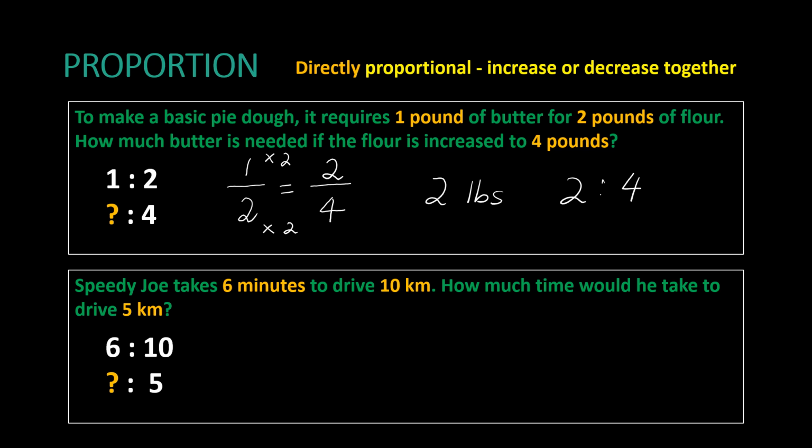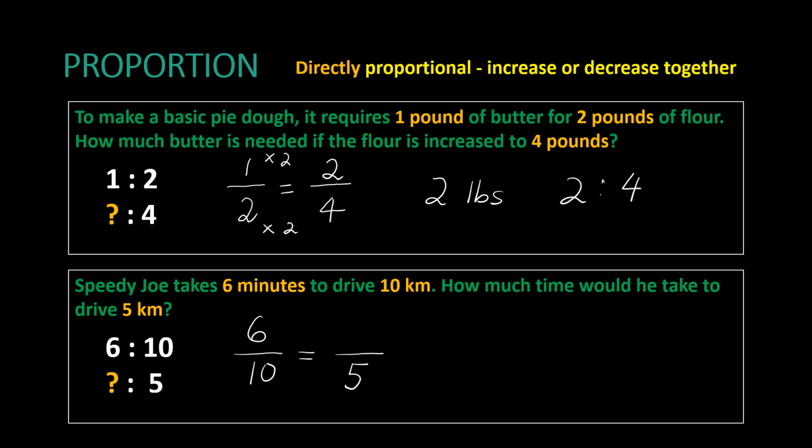Let's take a look at another example. Speedy Joe takes 6 minutes to drive 10 kilometers. How much time would it take to drive 5 kilometers? Once again, we'll do it in a fraction. And we have 5 at the bottom. We want to find what's the top number.